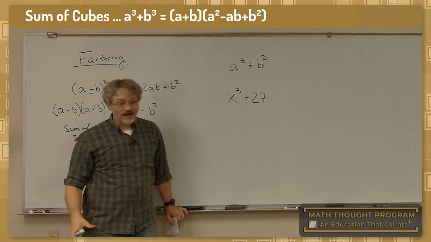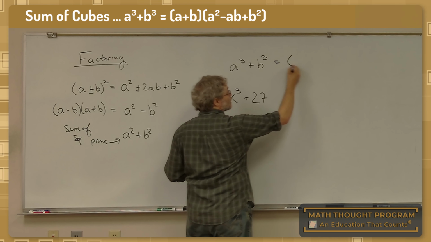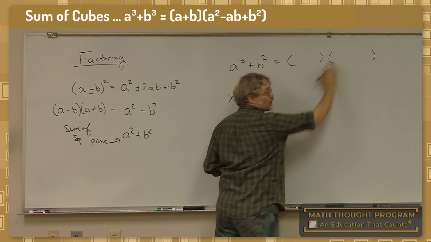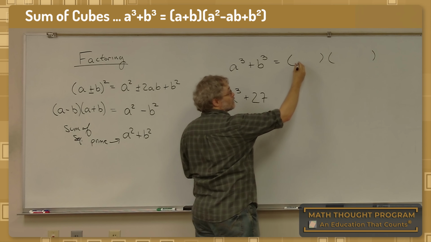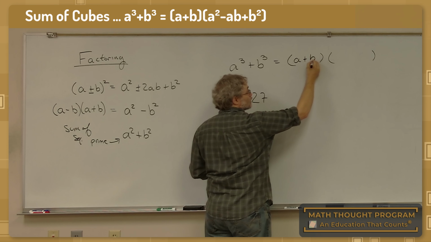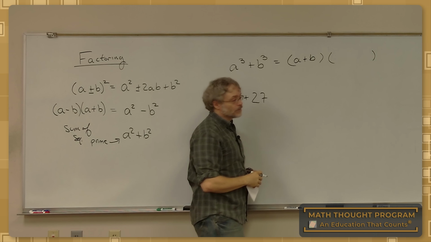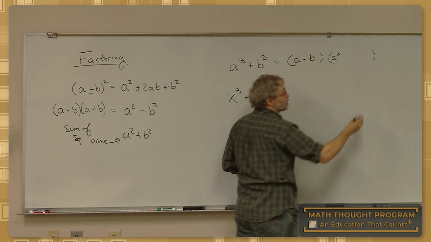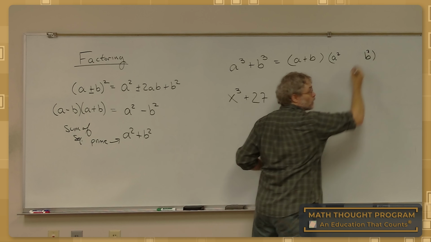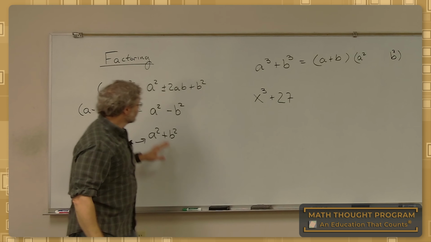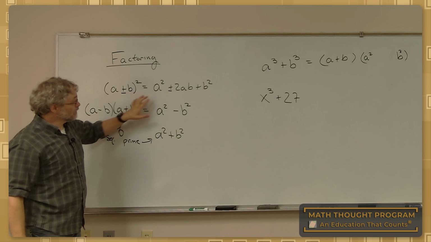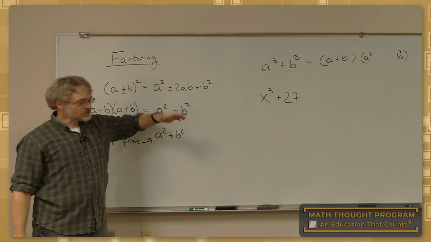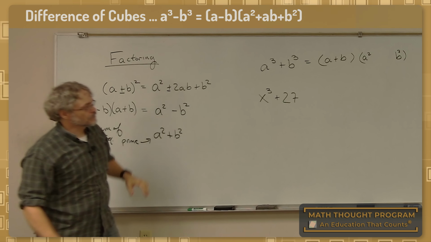And the way that this factors is you're going to have a linear piece and you're going to have a quadratic. You're going to have a plus b. Then you're going to have a squared. You are going to have a b squared. And it's real similar when you're looking at the quadratic, where you have the a squared and you have the b squared. Things take a little bit of a change right here in the middle.